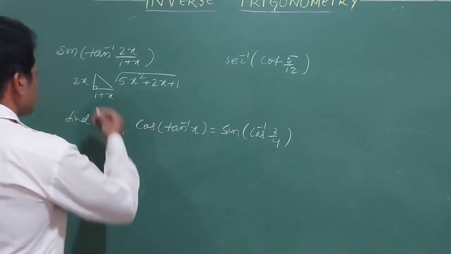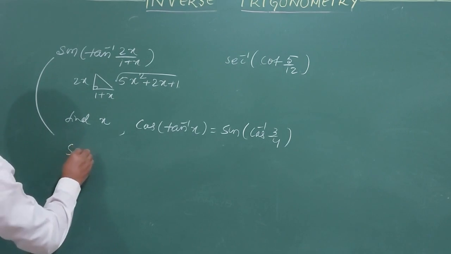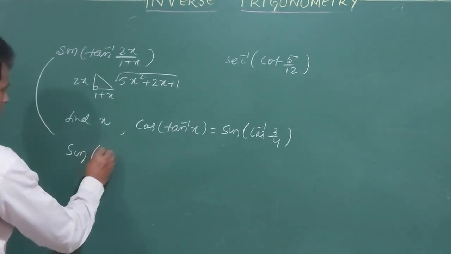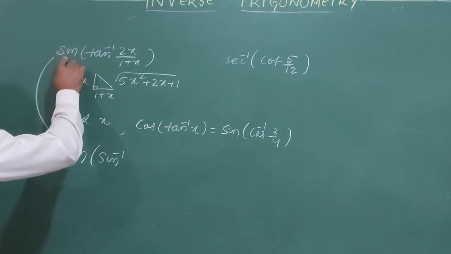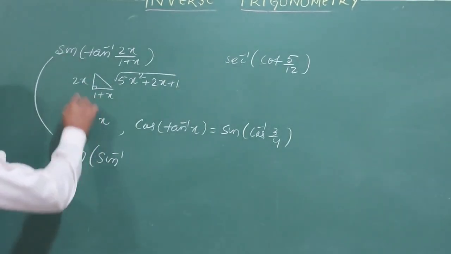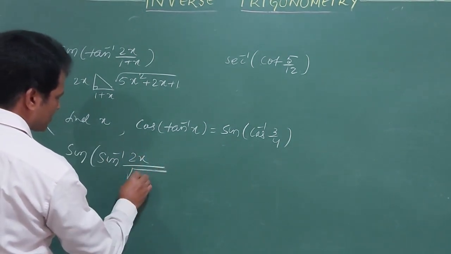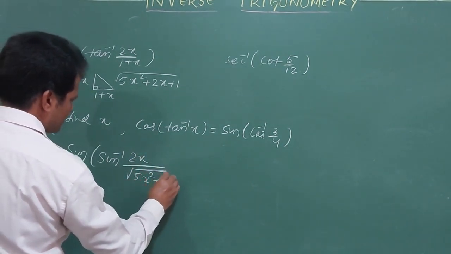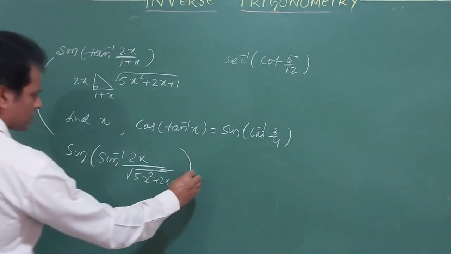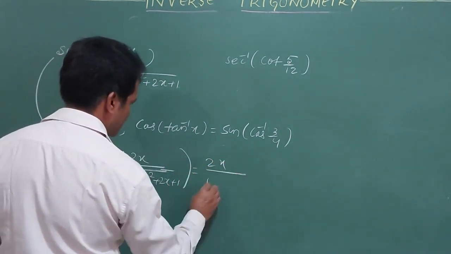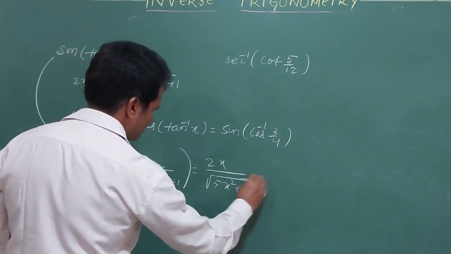Now the question we can solve easily. Sin of sin inverse, because outside is sin, it's sin inverse perpendicular by hypotenuse. Answer is 2x by under root 5x square plus 2x plus 1.